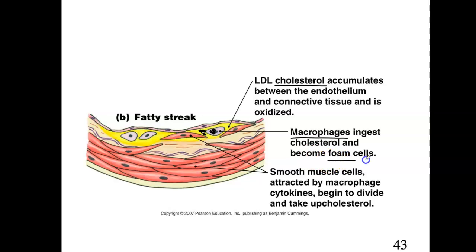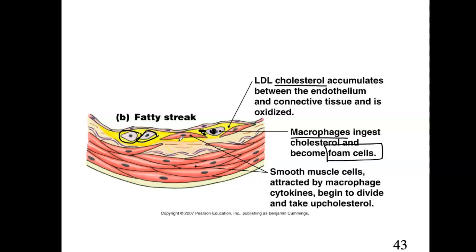And so then we call them foam cells because they've been eating this foamy lipid cholesterol. So you could see plenty of these foam cells that are visible among the cholesterol.